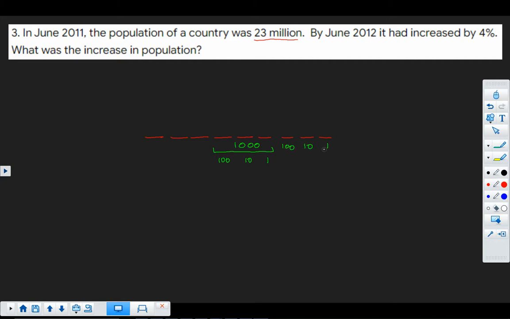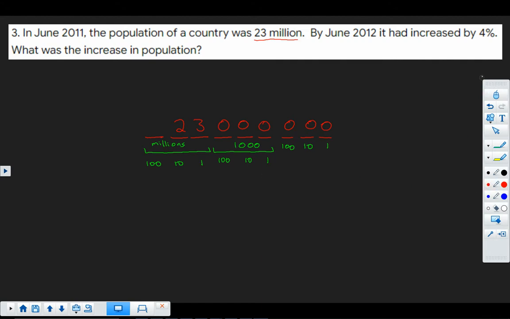So we're following this 1, 10, 100 pattern. And likewise through here, these are our millions. 1, 10. So if we've got 23 million, then that is 23 with zeros all the way down here.